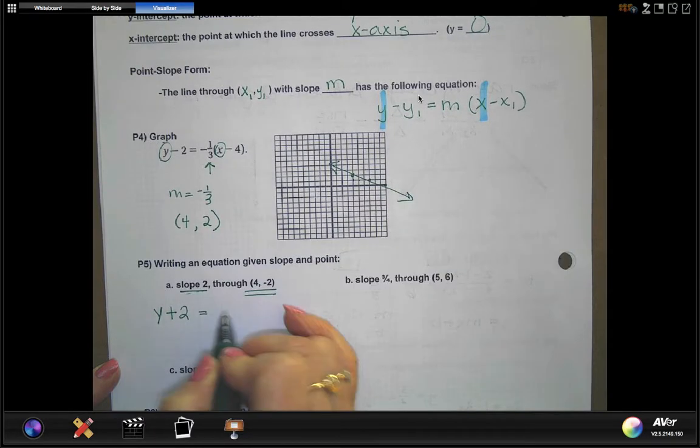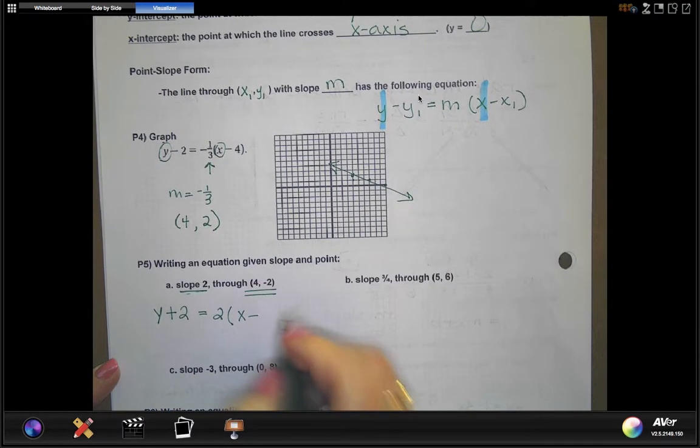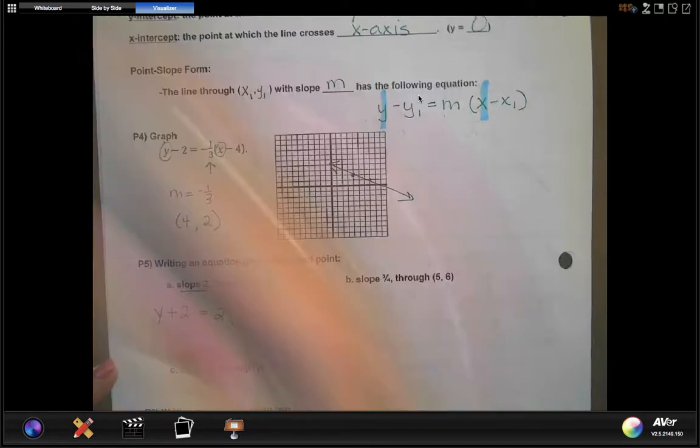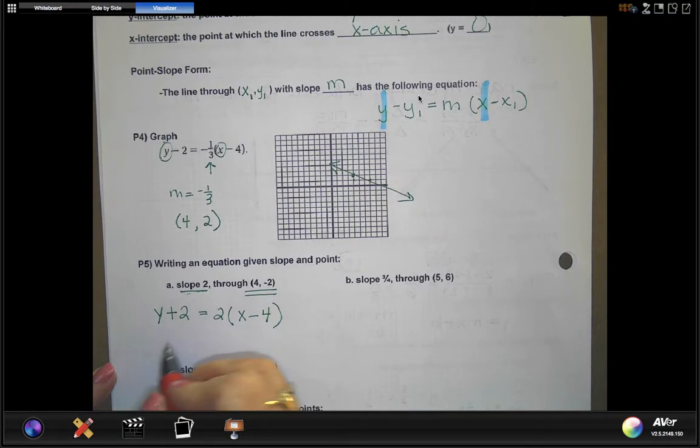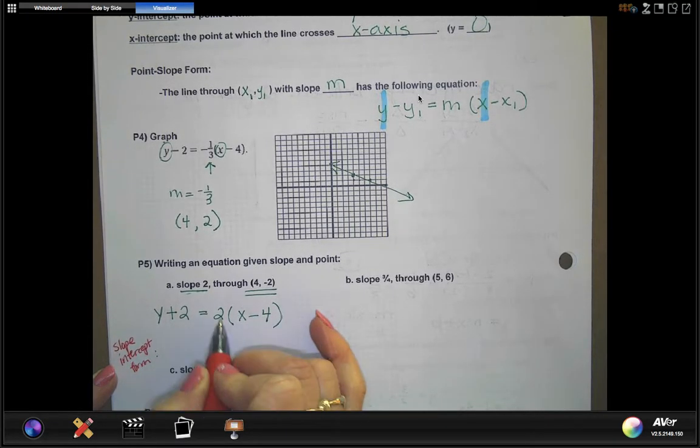I put the slope, and then x minus 4. Now, if you had to write it as y equals mx plus b, so let's say you wanted to put it in slope-intercept form, you would first distribute that.